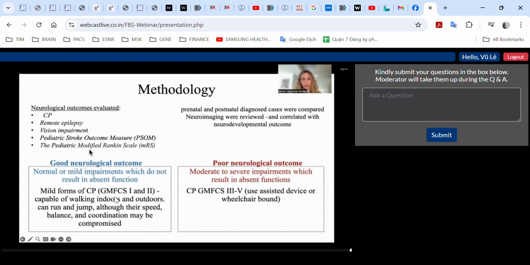So we categorized the PSOM scores into good neurological outcome, and these were children with normal or only mild impairment, which do not result in absent function, and poor neurological outcome, which included moderate to severe impairment, which results in absent function. We also compared between prenatal and postnatal diagnosed cases and reviewed neuroimaging to correlate them with the neurodevelopmental outcome.